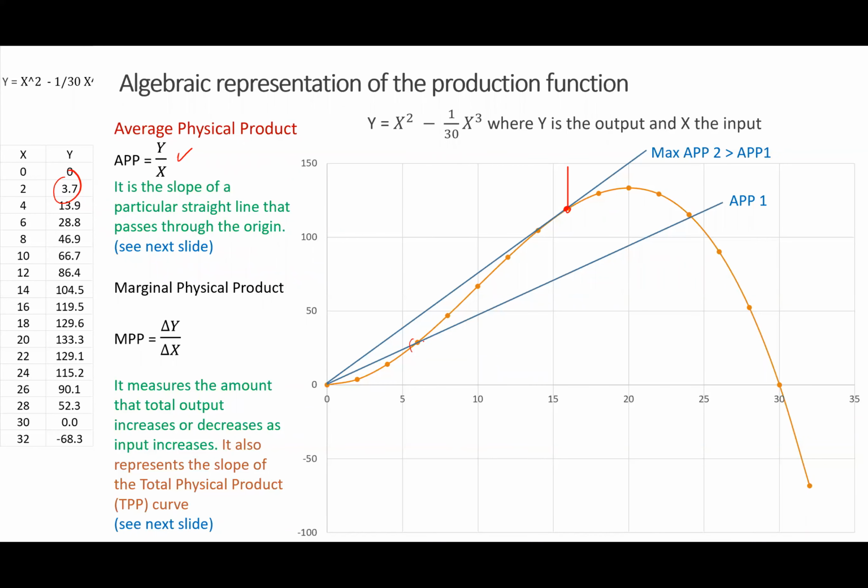Over here, we have two levels of average physical product given where the curve stands. What we are typically looking for is this one here, the maximum and the minimum average physical product. Average physical product increases as we move counterclockwise, in this direction here.